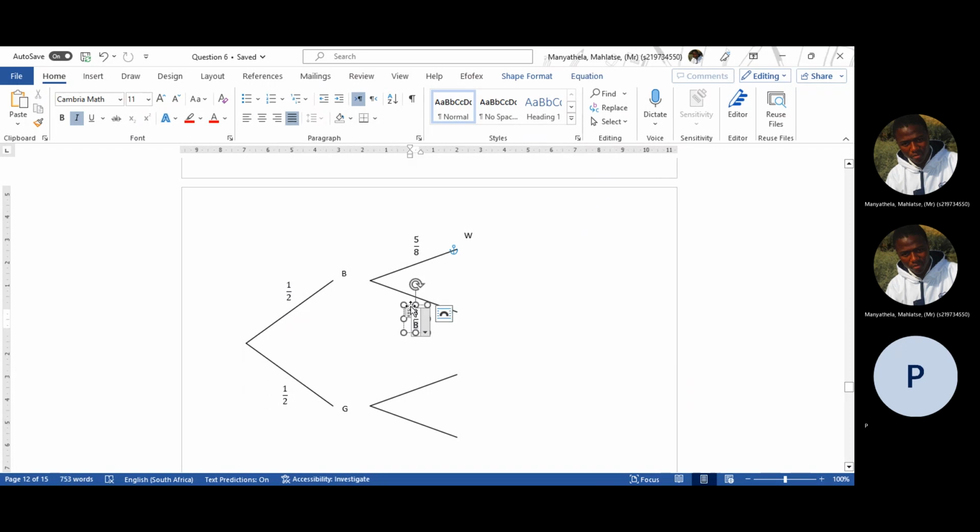So another one says the green bucket contains 2 white balls and 7 red balls. So here on this other one, for red, the bucket for red, and the bucket for white, and another bucket for red.